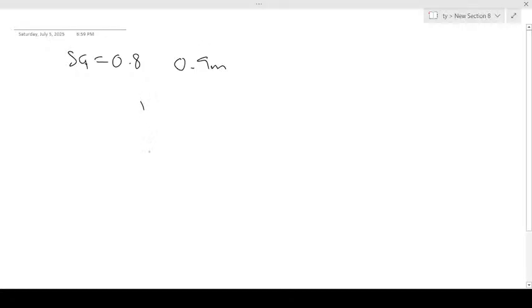The question says that the total depth of the water and oil is 3 meters. What is the pressure at the bottom of the tank?